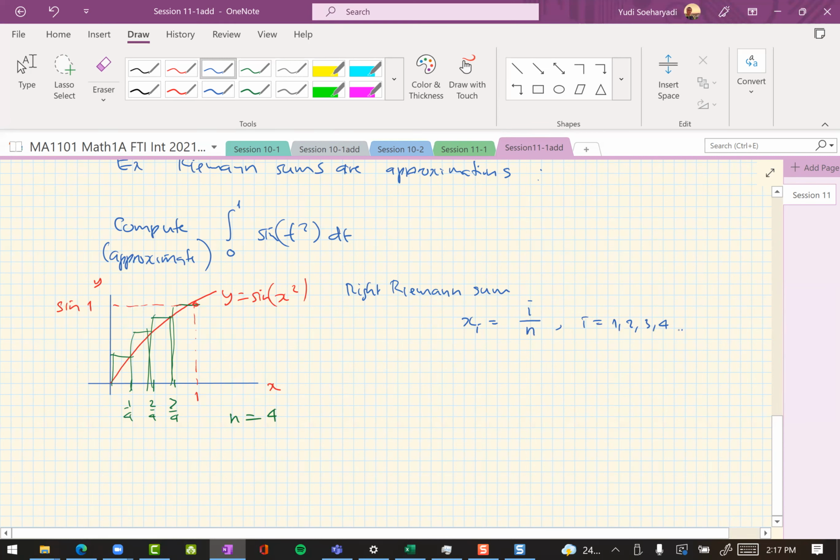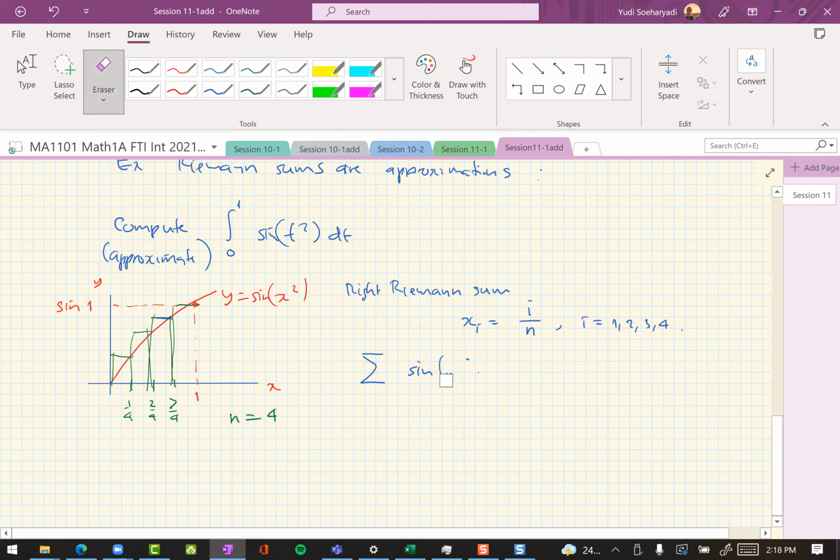So we compute the Riemann sum. The height should be sine of (i over n) squared, and the delta is 1/n.